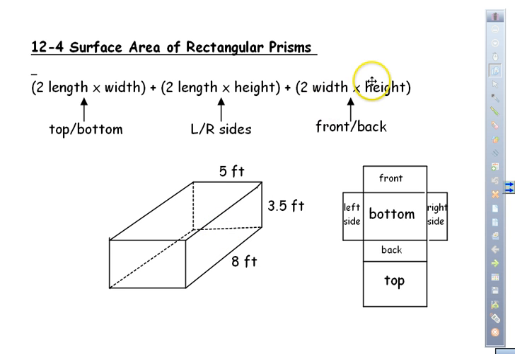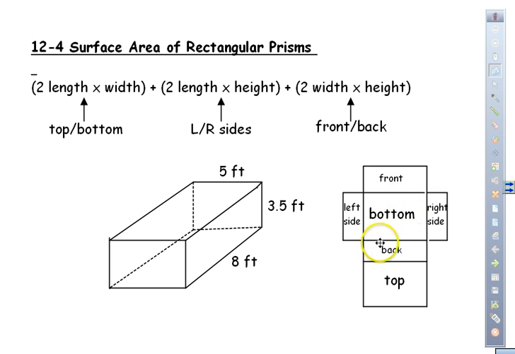And then 2 times the width and the height. So the width being this, and this, and the height, that would be the back and the front surface. Okay, so that's why we multiply that by 2. And again, you're taking each one of those and adding those answers together to find the surface area.